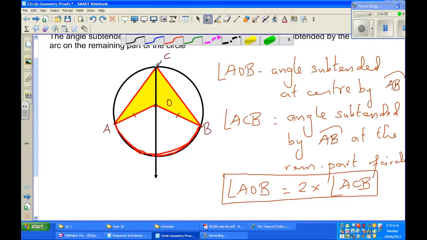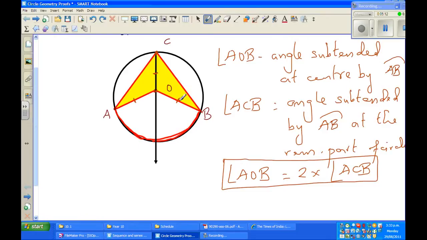Now this is a ray passing through C and O. Let me go slowly.